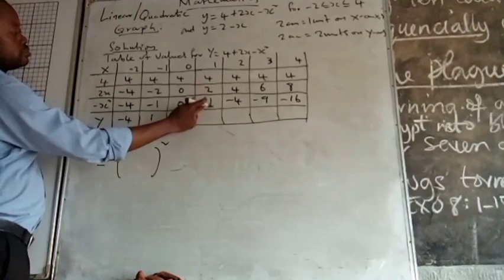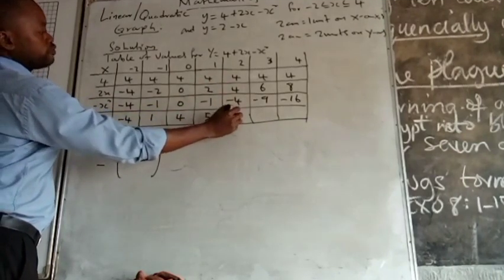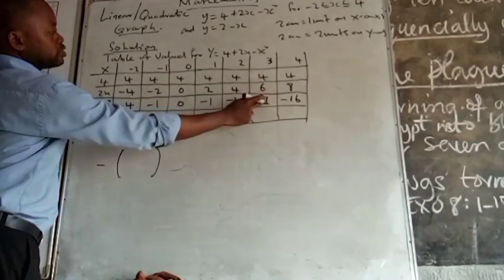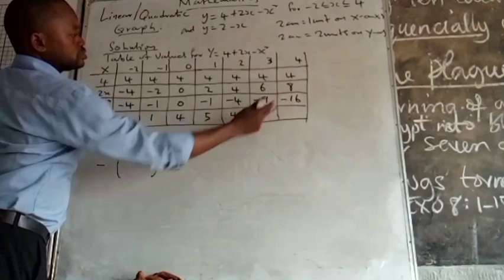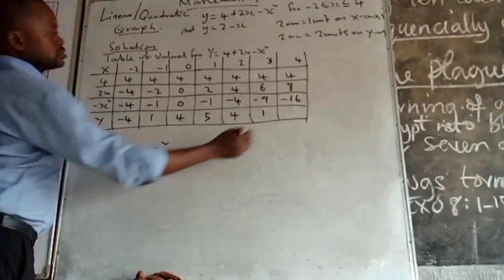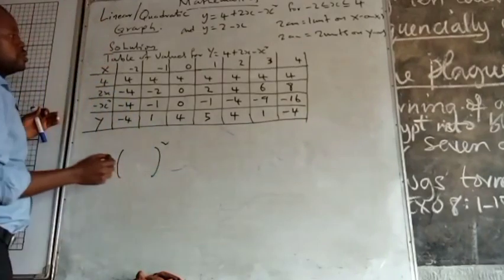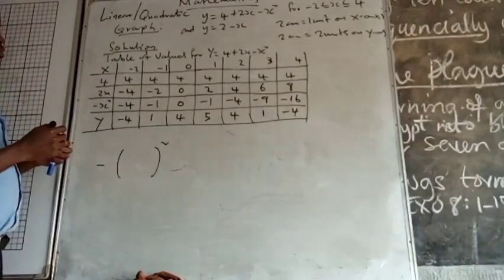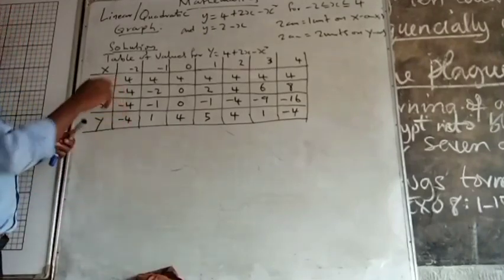This is 6 minus 1, 5. This is 8 minus 4, 4. And this is 10 minus 9, 1. And this is 12 minus 16, -4. So we are through with the table for the quadratic graph.